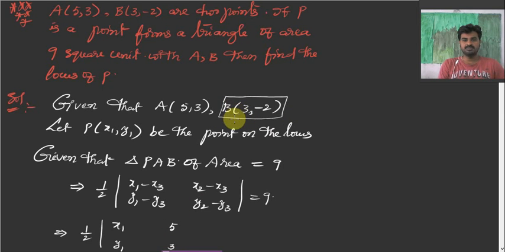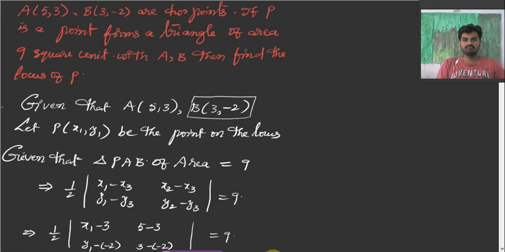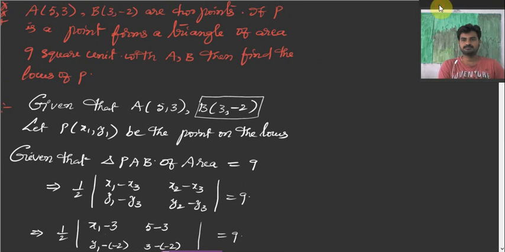In this B point, the x coordinate will be subtracted from the x coordinates, and the y coordinate, what is that? -2. That is subtracted from the y coordinates, that is minus of -2. So now you can get this one.